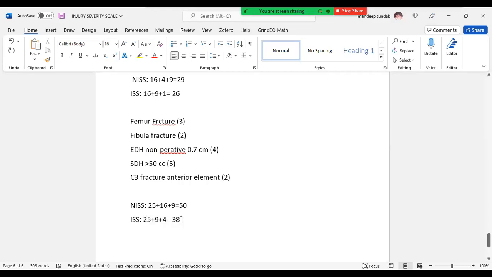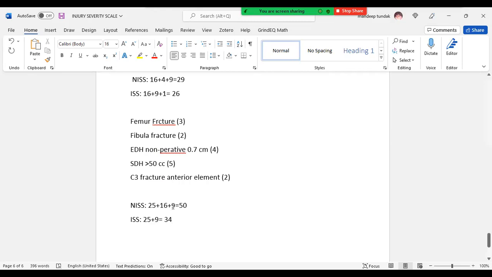Femur and SDH only. Sorry, Nirav, huh? Femur and SDH. Femur and SDH. So the score will be 34. 34 only. We are having 2 only, na? Only 2 body systems are injured. So ISS can be taken 1 from each only. So the score will be 34 in this.